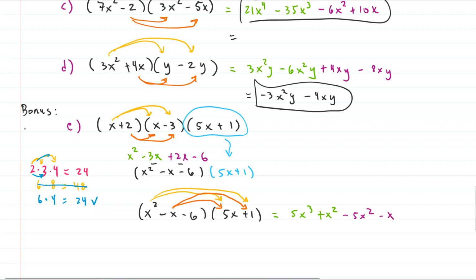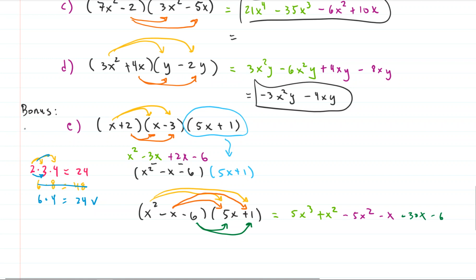And I need one more. So the -6. Well, that's kind of hard to see that color difference. Let's do green. So the -6 multiplied by 5x gives us -30x. And the -6 times 1 gives us -6.